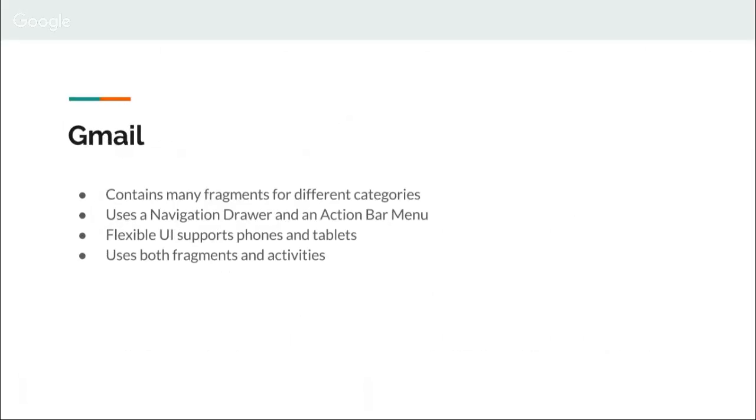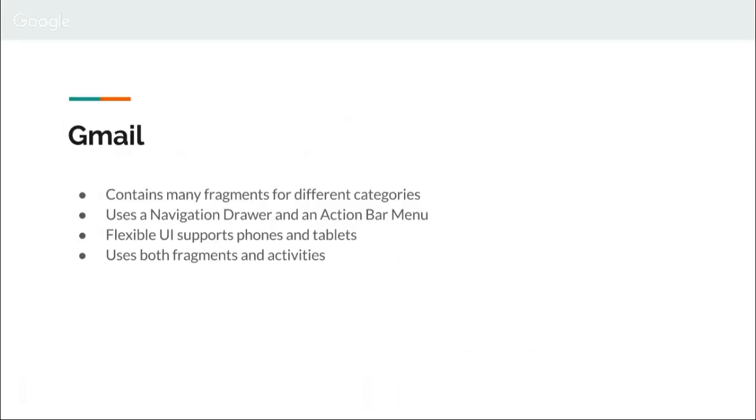Okay. So let's talk about one app that uses fragments navigation. That's Gmail. We already know that Gmail is an email app, right? Google's email application. And that application contains fragments for the different categories where you can sort your emails, like promotions, personal, or new emails.